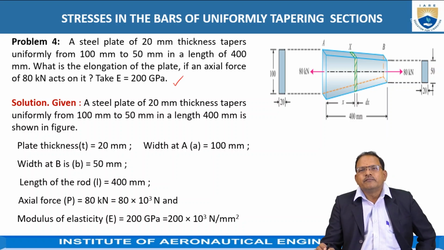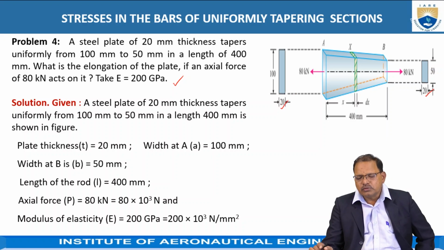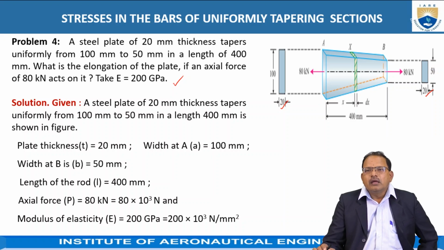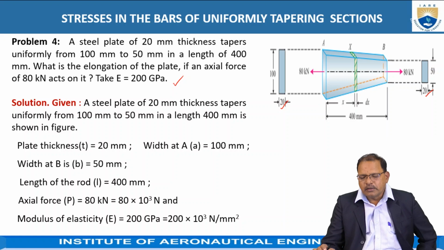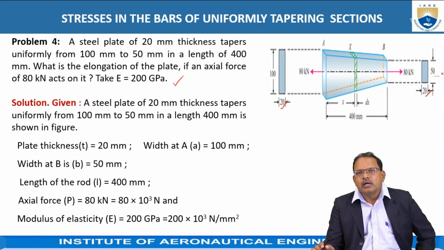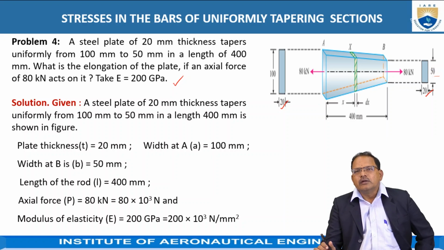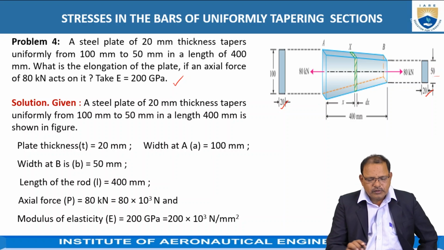That is, the thickness is 20 mm, it remains constant on both the sides. Here, the side length at the bigger end is 100 mm, which is reduced to 50 mm as shown in the figure. It is gradually varying from the bigger end to the smaller end uniformly.